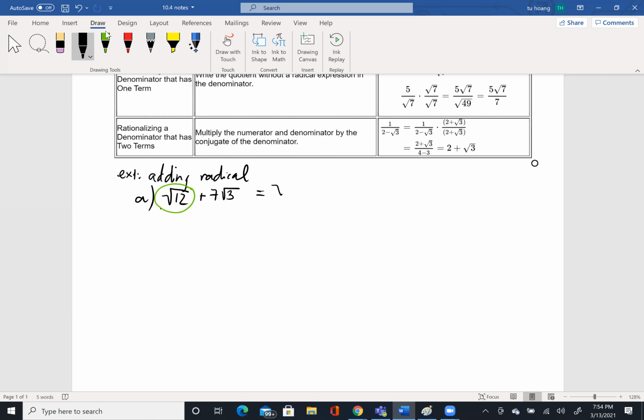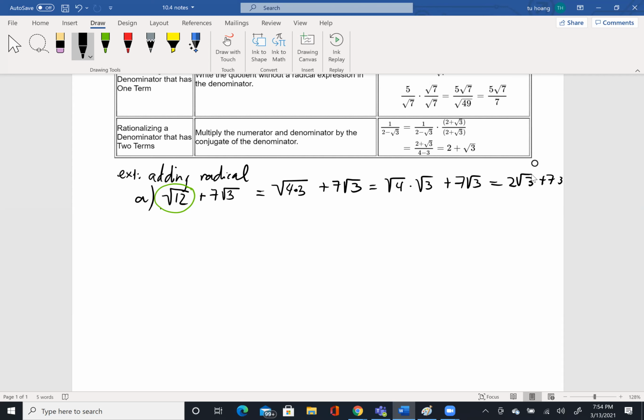So I'm gonna rewrite it as square root of 4 times 3 plus 7 square root of 3, and I can rewrite as square root of 4 times square root of 3 plus 7 square root of 3. And now I have 2 square root of 3 plus 7 square root of 3.